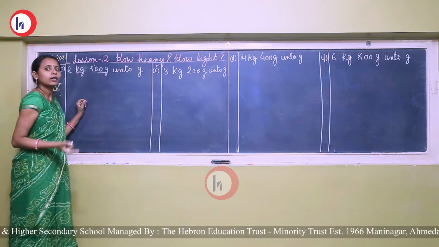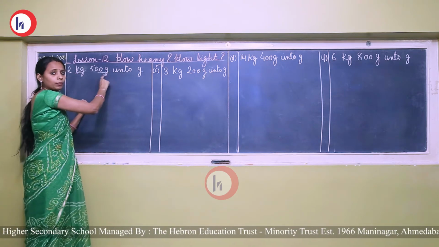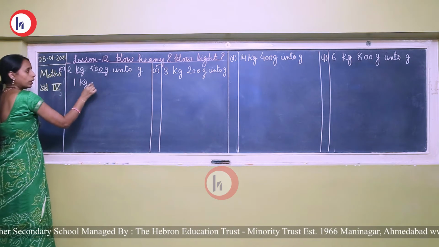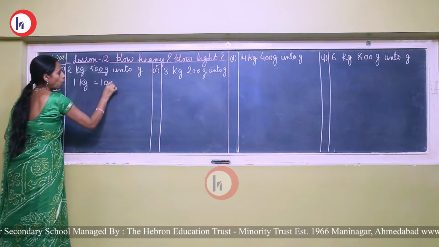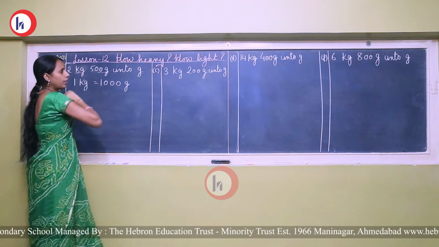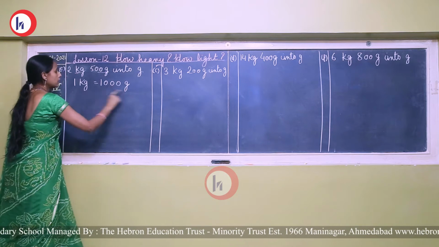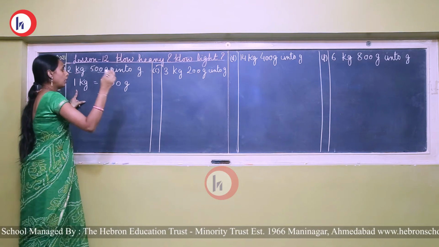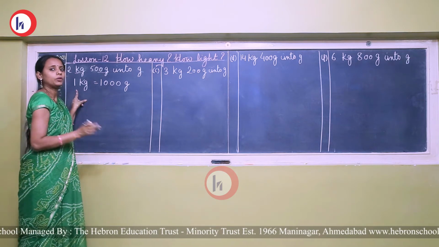This one is already converted, ये already ग्राम में है, so इसे हम convert नहीं करेंगे. So first of all we will write 1 kilogram is equal to 1000 gram. Whenever we solve this types of sum, always write first 1 kilogram is equal to 1000 gram or 1000 gram is equal to 1 kilogram.